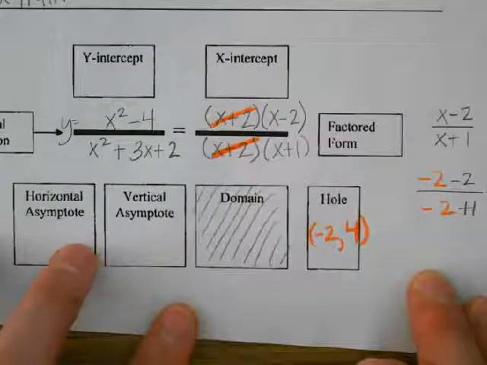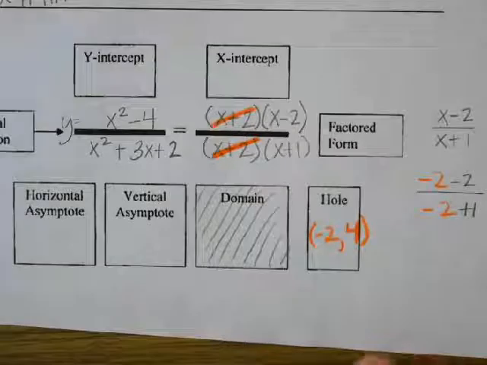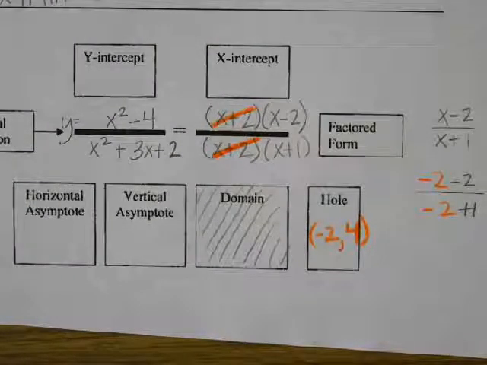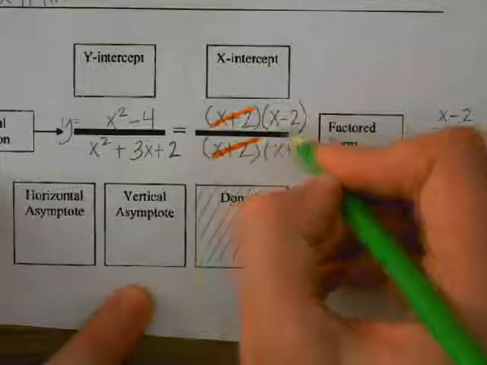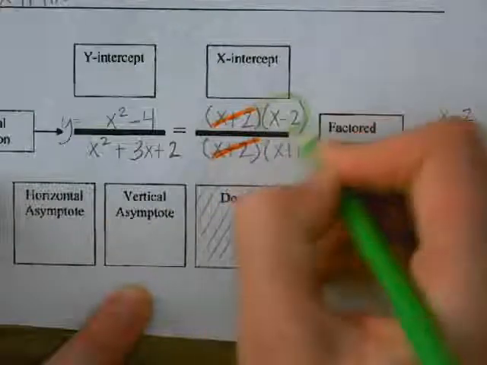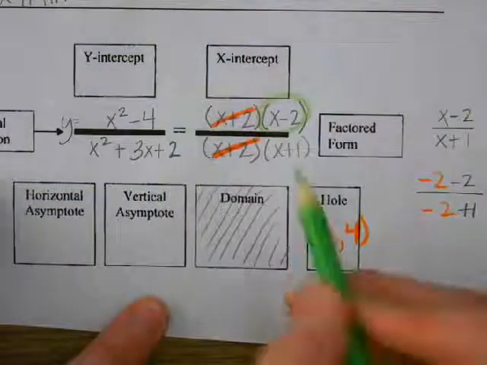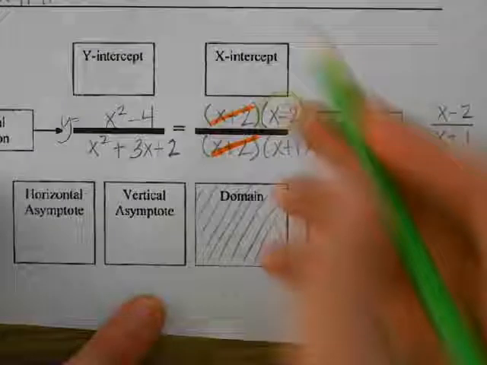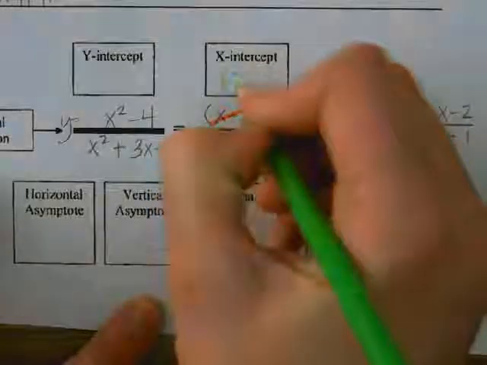Alright, and then someone at Dacia's table, you can pick either a vertical asymptote or an x-intercept. The x-intercept is 2, 0. Okay, so she is looking at the factor remaining on the top, and she's looking at the opposite of that, so that tells her the x-intercept is positive 2.